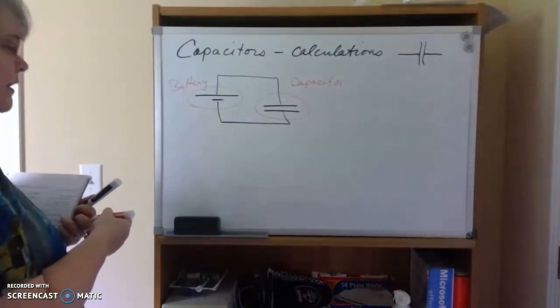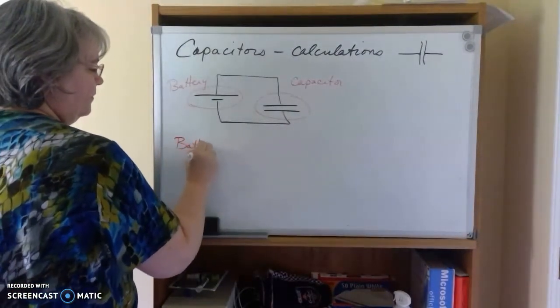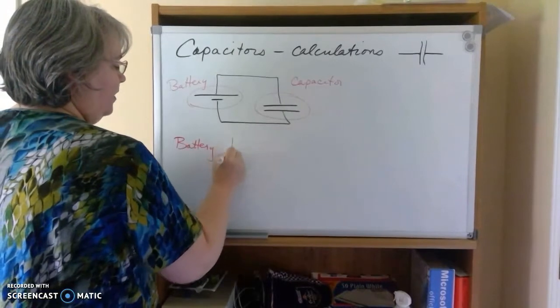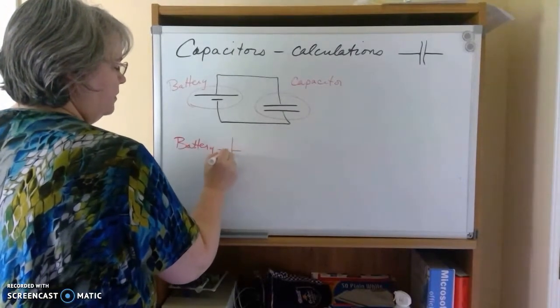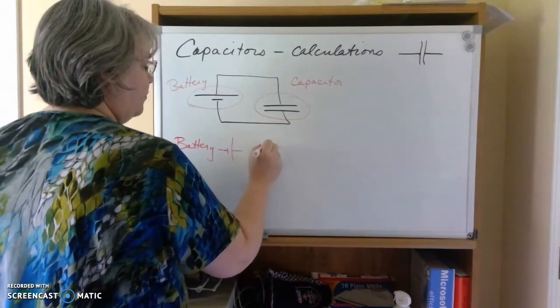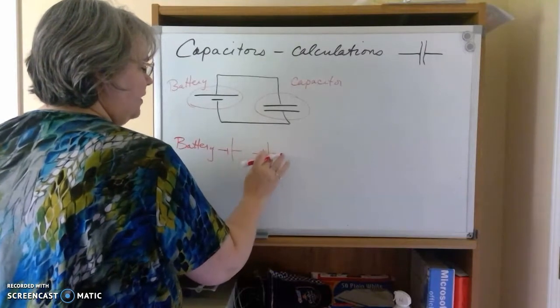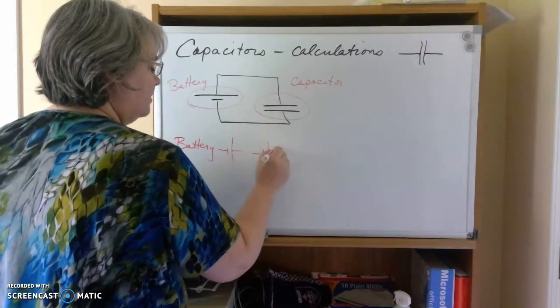On a battery, you might see one short long symbol, or you might see 2 or 3 or 4 short long symbols in a row. Those are the cells in the battery.